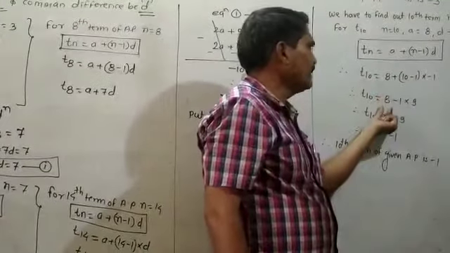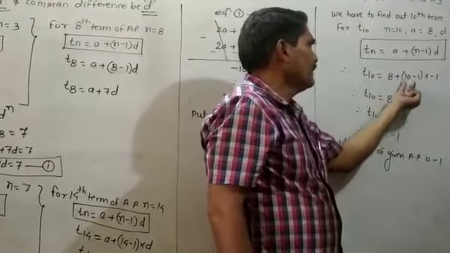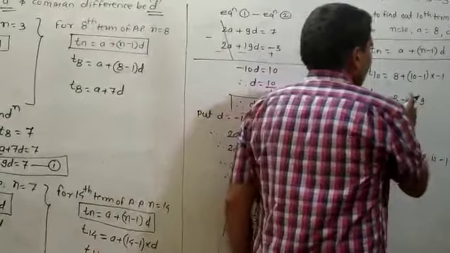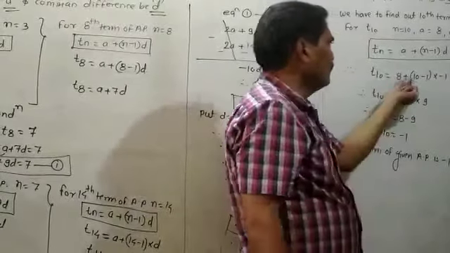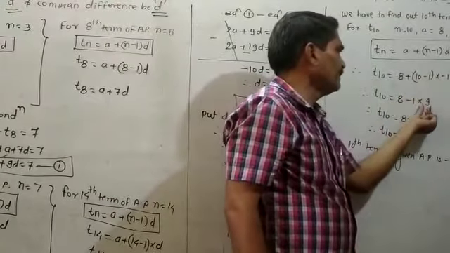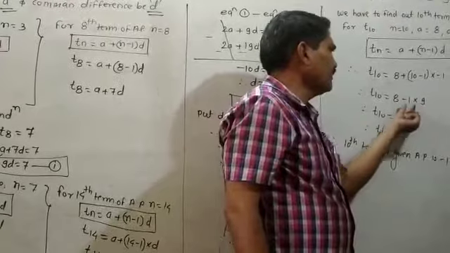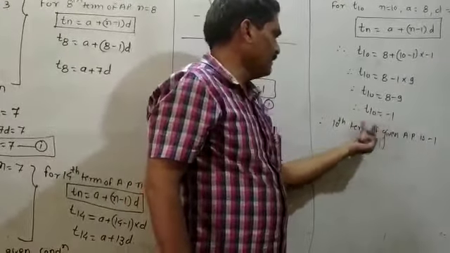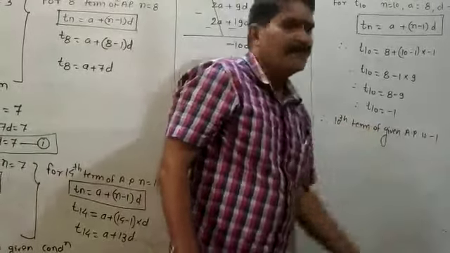So 8 as it is, 10 minus 1 is equal to 9. Plus multiplied by minus is minus, so minus 1 multiplied by 9. This 8 as it is, this will come 9 ones are 9, and 8 minus 9 is equal to minus 1. Therefore the 10th term of the given AP is equal to minus 1.